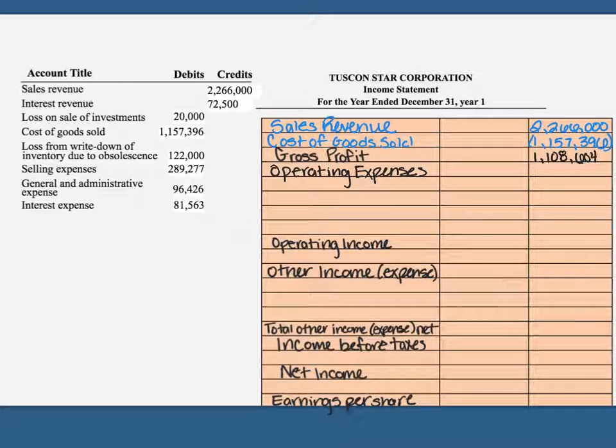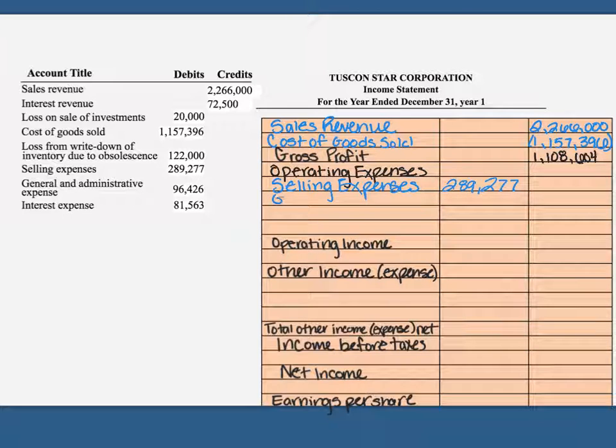Selling and general administrative expenses, which hopefully you learned about, are both operating expenses. We'll first put in the selling expenses here, and that's going to be $289,277.